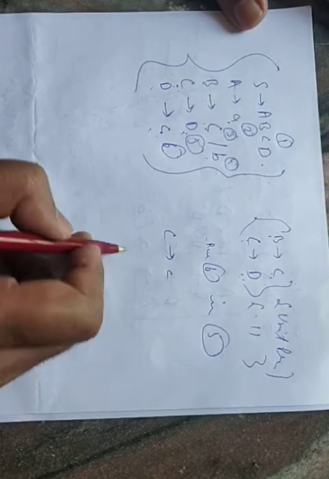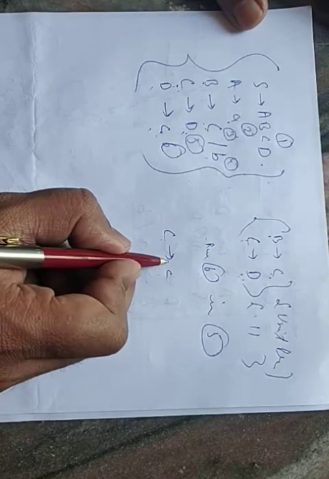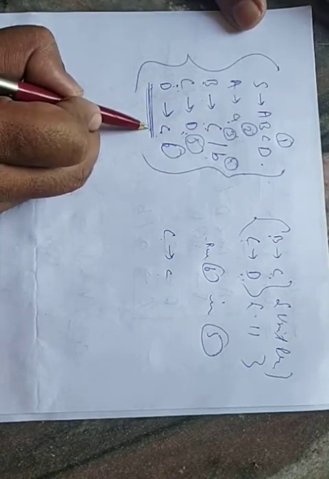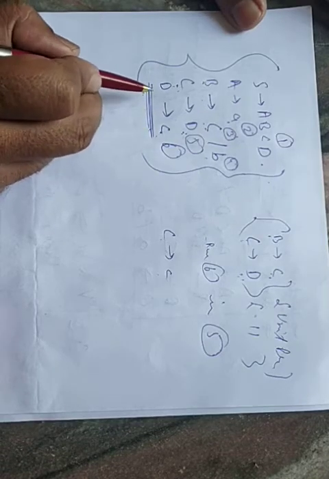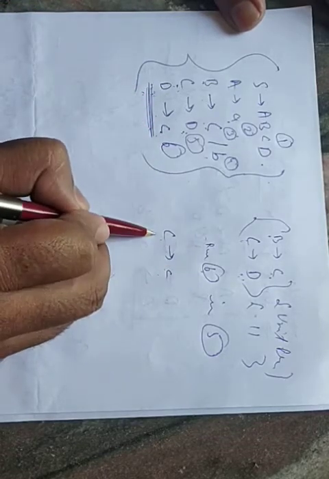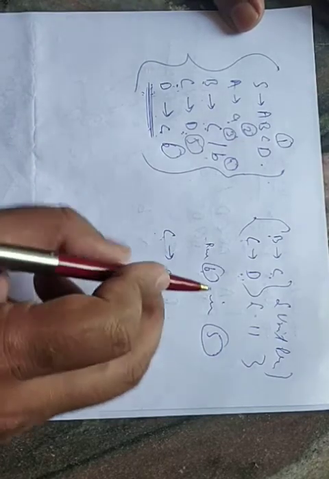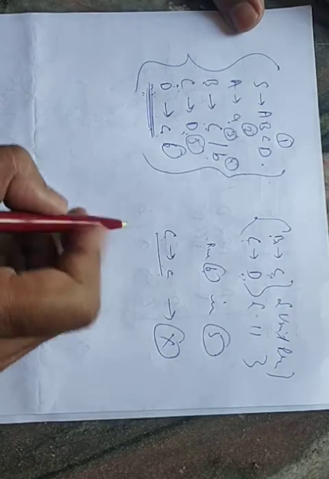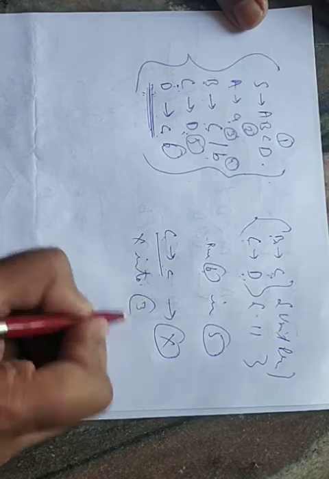Now, after putting the value, please make sure you do not remove the actual rule until and unless it becomes unreachable. So be careful, do not remove it. The only thing we are going to do is put values into different rules. So I got C produces small c. Now, suppose this is my X, I can put a value here, X into 3.